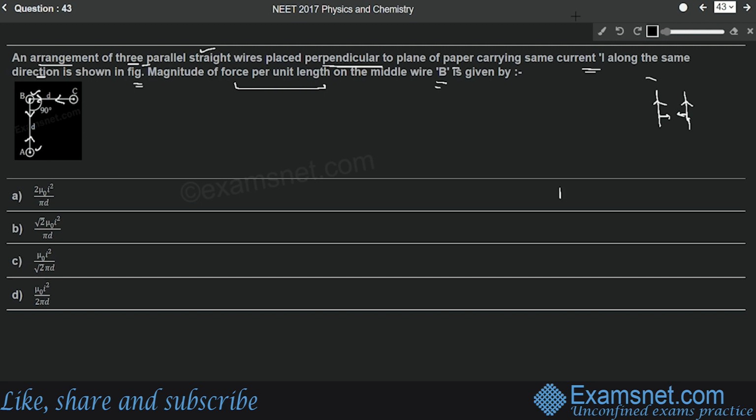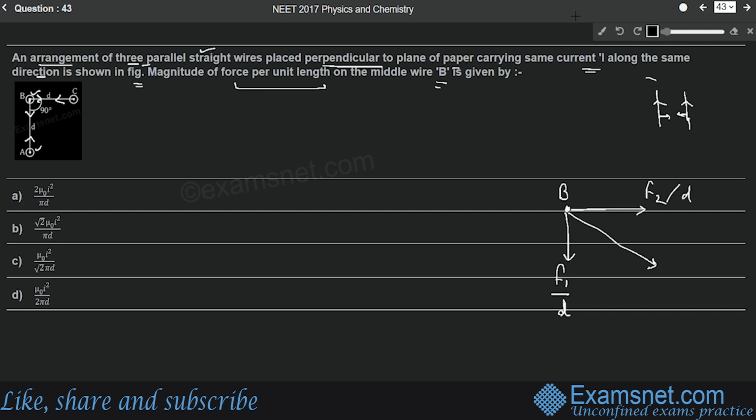So if we talk about the wire B, because the question is asked about B, one force will be in this direction due to wire A and the other will be in this direction due to wire C. Let's say this is F1 and this is F2. So the net force will be in this direction. Force per unit length, let's write it F1 by d because the distance is d, and force per unit length for this one is F2 by d.